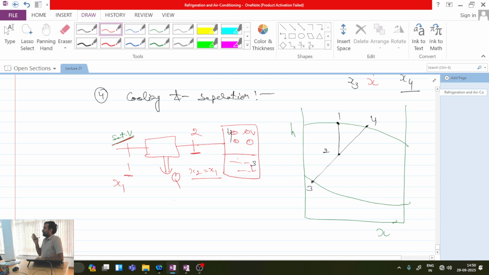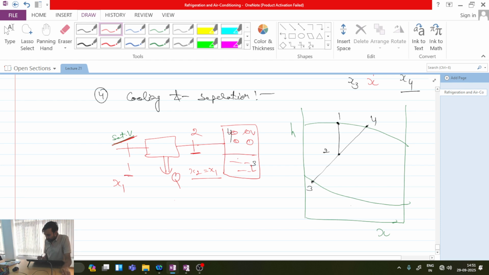Okay, so this is very clear to us, because at the inlet I have saturated vapor. So if I have saturated vapor at the inlet, when I will be cooling, what will happen? I will be having a two-phase mixture. Okay, and if I put the two-phase mixture inside a tank, liquid will be settling at the bottom and vapor will be collected at the top. So that is the process.